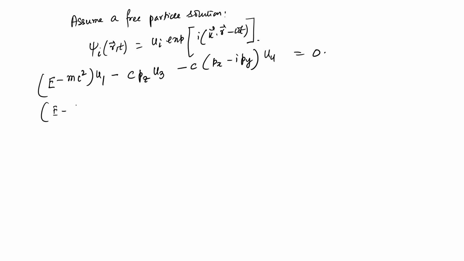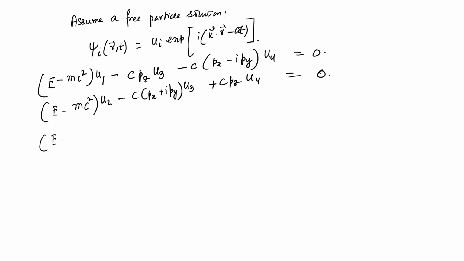The second one has (E minus m c square) u2 minus c (p_x plus i p_y) u3 plus c p_z u4 equal to 0, obtained by putting in all these alpha and beta which are given there and then putting in this ansatz solution. Again there is no u1 here.